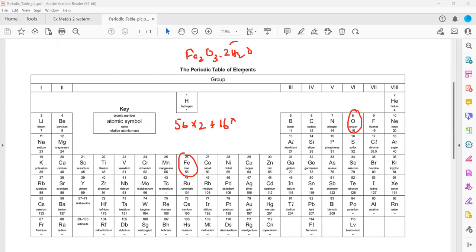Plus hydrogen is 1, and there are 1 multiplied by 2 multiplied by 2, 4. So 56 times 2 makes 112, plus 80 gives 192, plus 4 is 196. So the total mass will be 196.